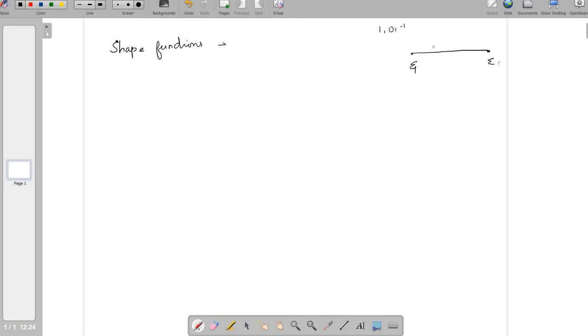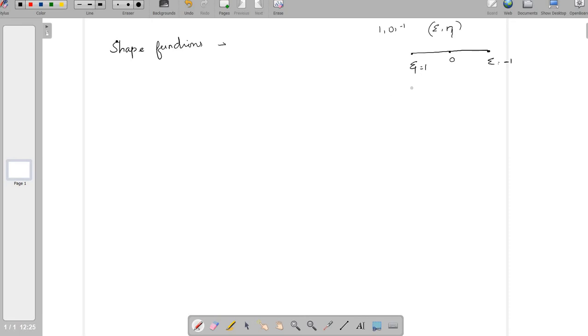For two-dimensional element, we have to indicate epsilon and eta as the coordinates for a particular point. So I am fixing the coordinate as epsilon equal to 1, here epsilon equal to minus 1, whereas the midpoint representing 0.